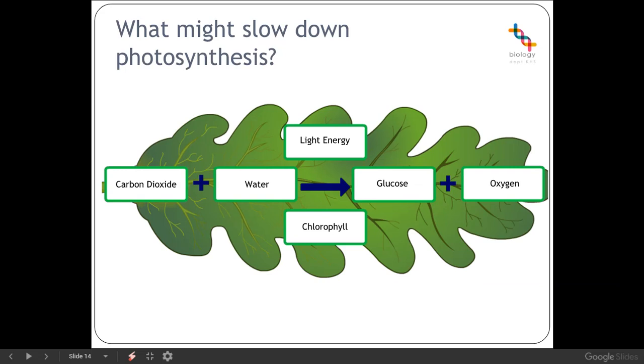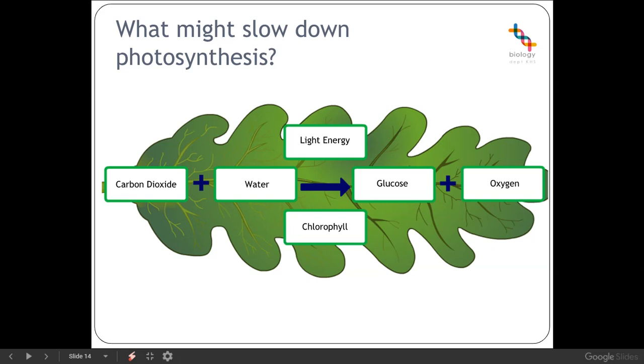Now, photosynthesis itself as an overall process can occur either quicker or slower depending on the particular conditions. And when we think about what might slow down the rate of photosynthesis, then we're really thinking about the things that are going into photosynthesis. So the things that are actually letting it happen. So obviously, if we don't have enough carbon dioxide, photosynthesis will slow down.